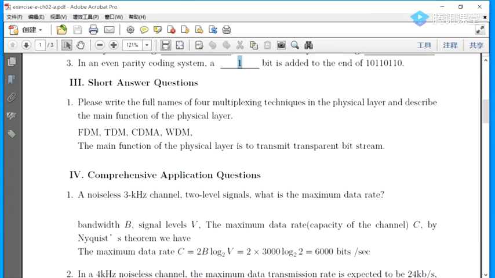The 4 multiplexing techniques include frequency division multiplexing, time division multiplexing, code division multiplexing, and wave division multiplexing. The main function of the physical layer is to transmit a transparent bit stream.